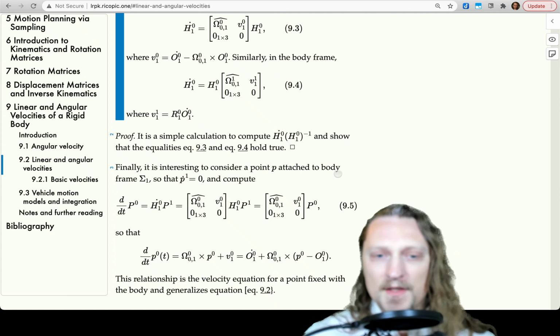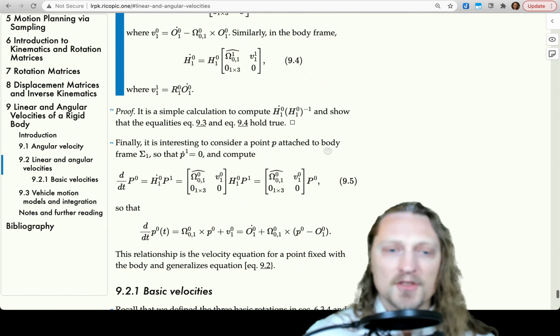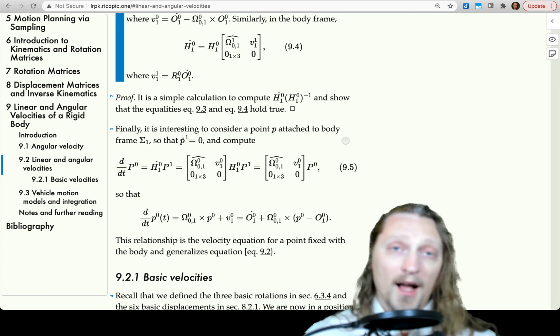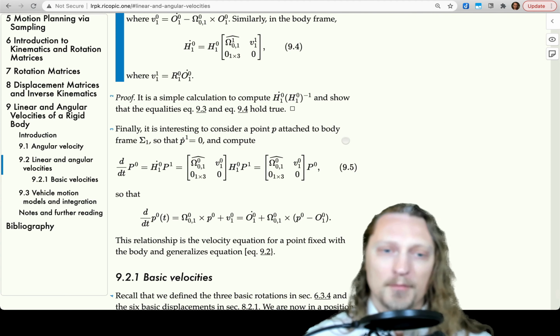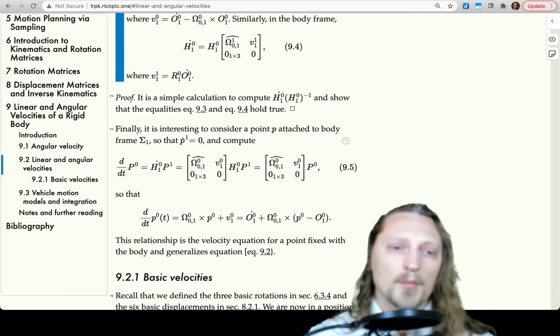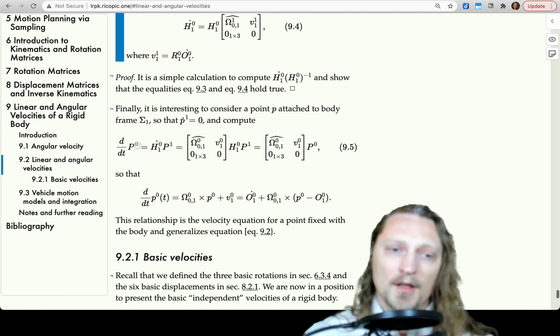Finally, it is interesting to consider a point P attached to body frame sigma 1, so that P1 dot, the time derivative of P1, is 0, and compute the homogeneous representation of P in the 0 reference frame.